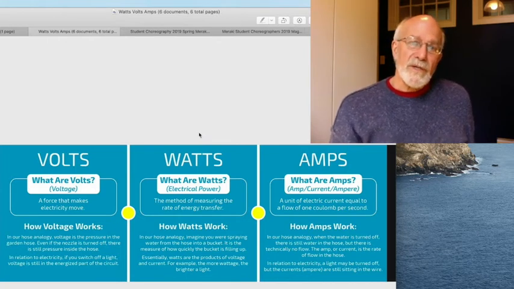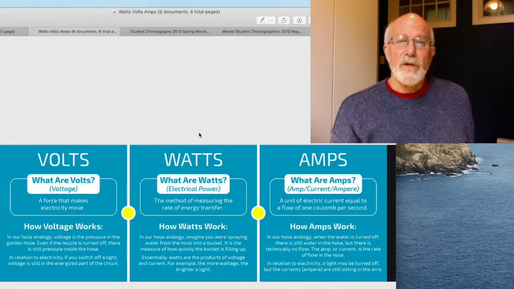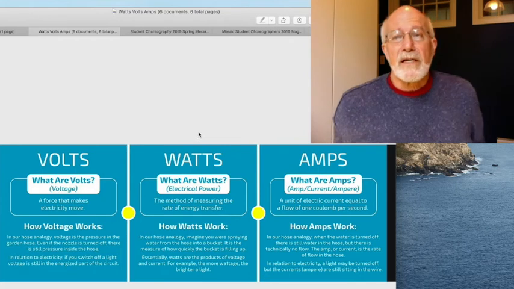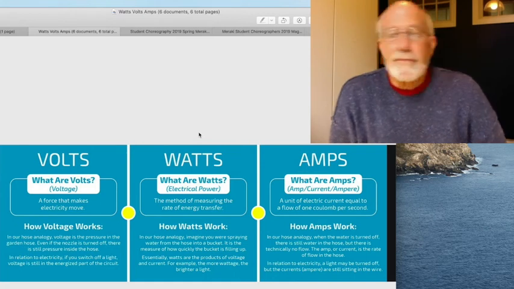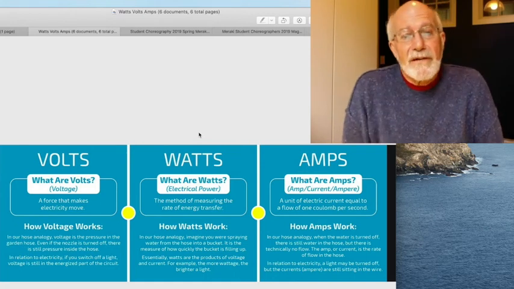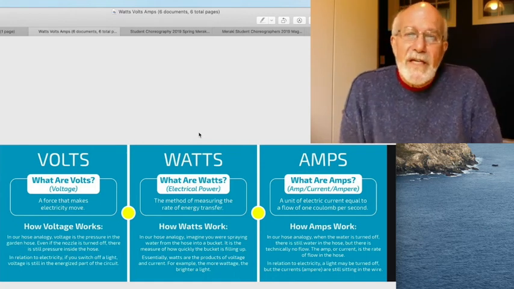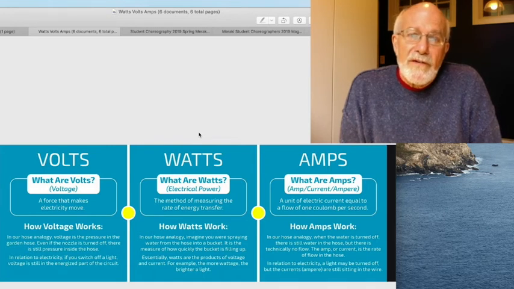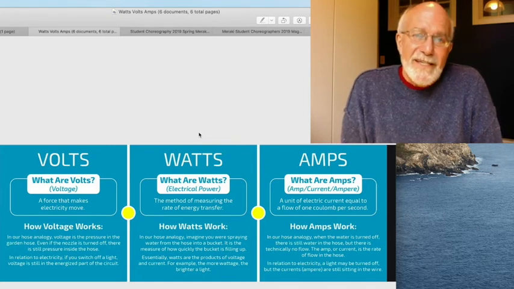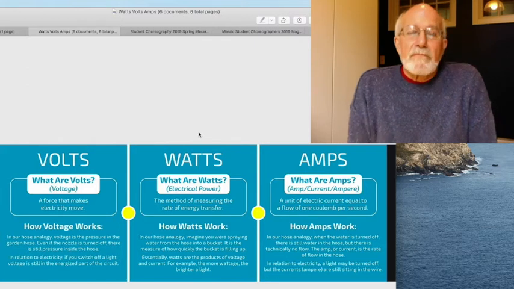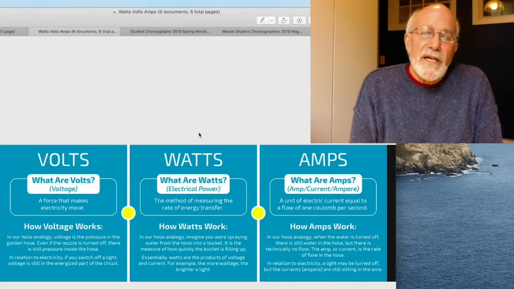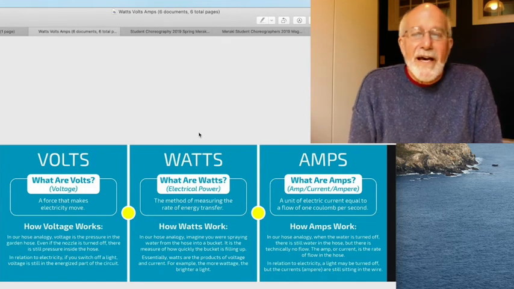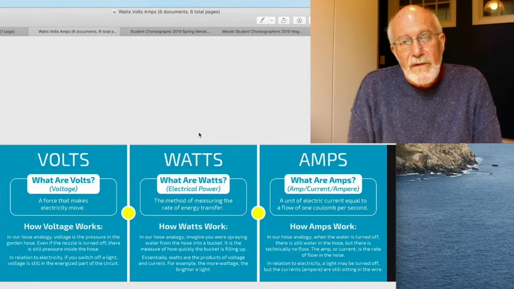So common North American voltage, we would assume, unless somebody tells us different, is between 120 and 130, 130 plus, it varies, but 120 volts of alternating current, 60 cycle. In much of the rest of the world, it's 220 to 240 in that range, and it's alternating at 50 cycles per second.